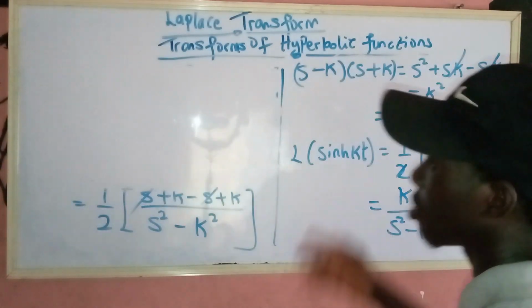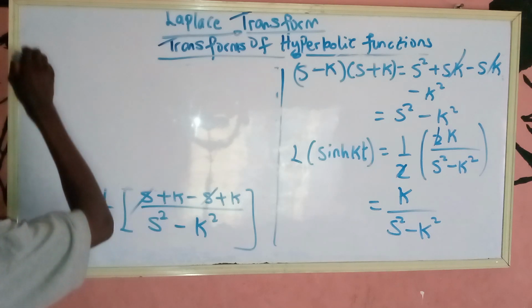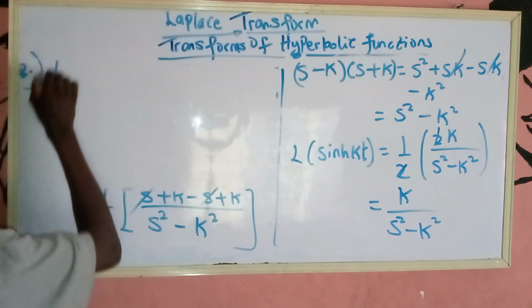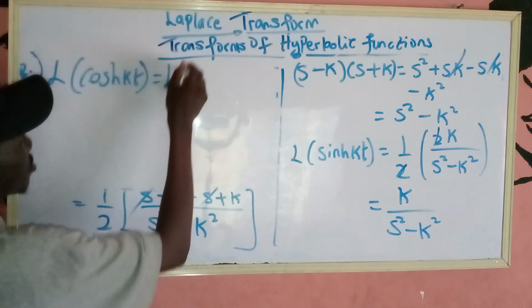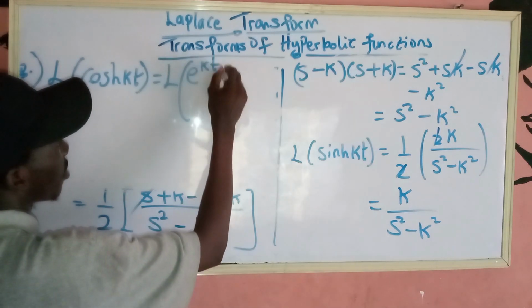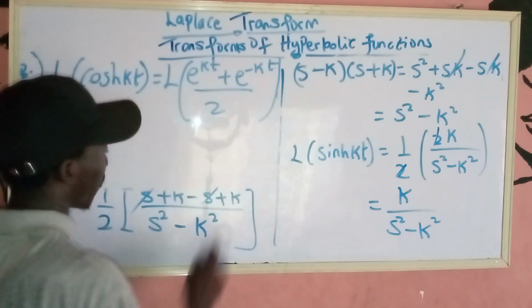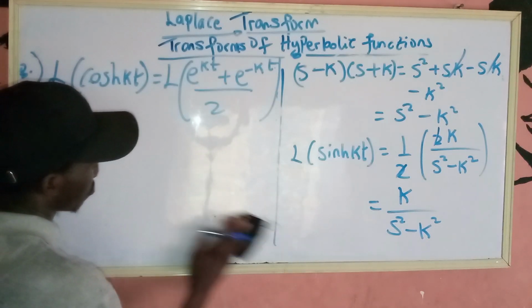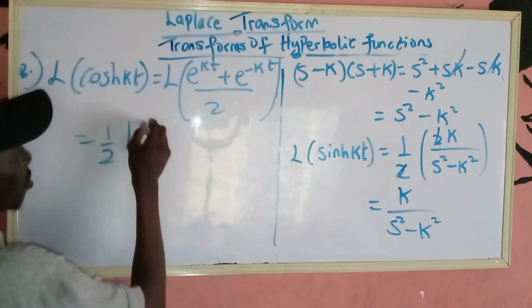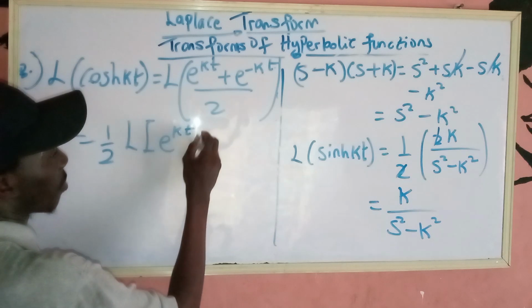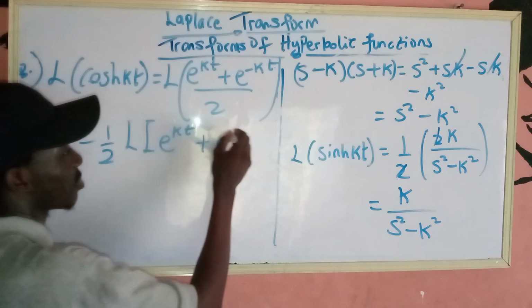Also, the same goes for the Laplace of this. So let me call it B. The Laplace of this, which is equal to the Laplace of e raised to power kt over 2 plus. Now the difference here is that the sign is defined as minus, but here it's defined as plus.